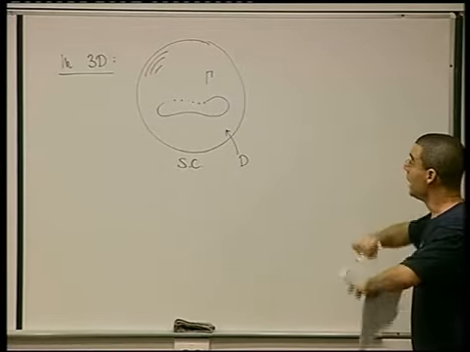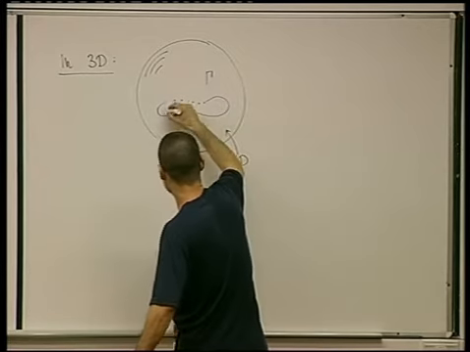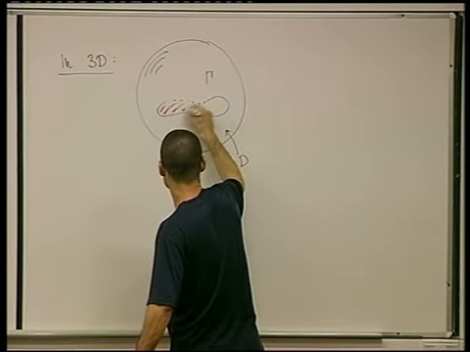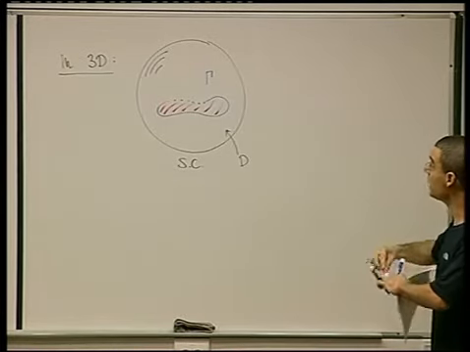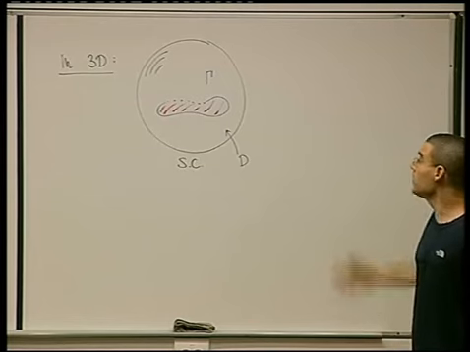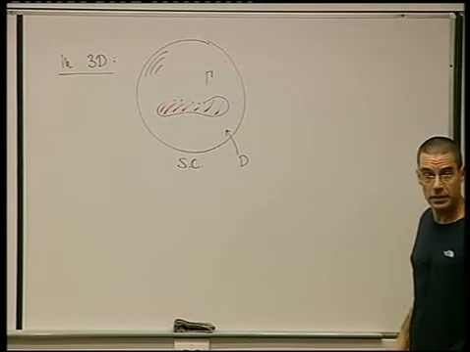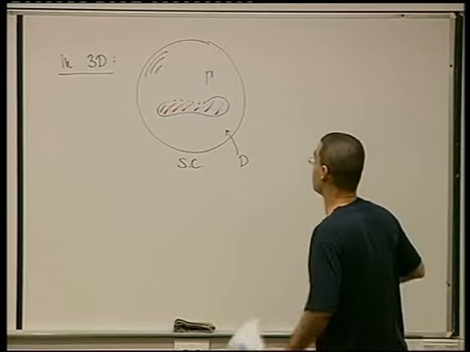And you can see that this gamma is the boundary of some region inside D. Do you agree? And that's going to be true for any gamma you try and take, right? So this is simply connected.